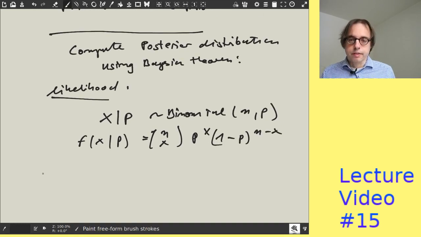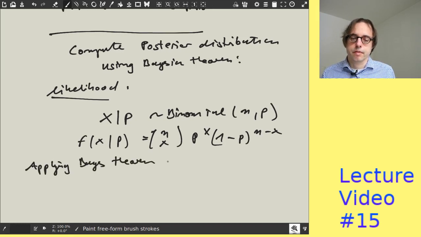And then applying Bayes' theorem yields, after some calculation, the probability distribution of p given x.